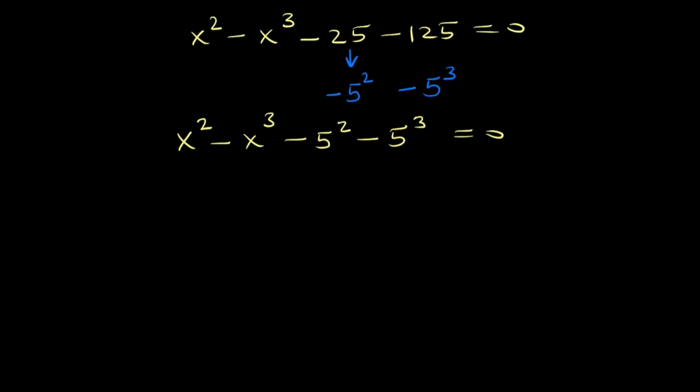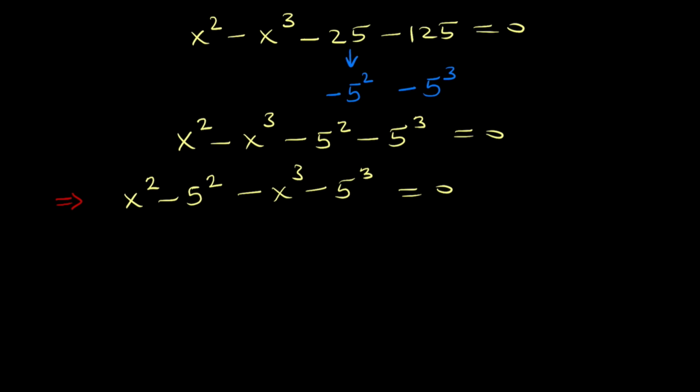Let us rearrange or regroup this into x raised to power 2 minus 5 squared, then minus x raised to power 3 minus 5 cubed, and this is still equal to 0.